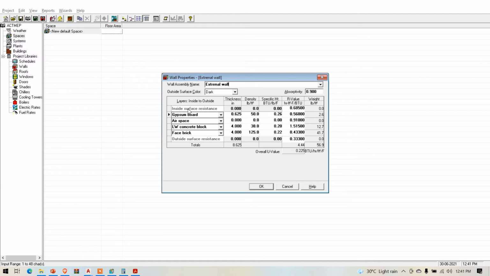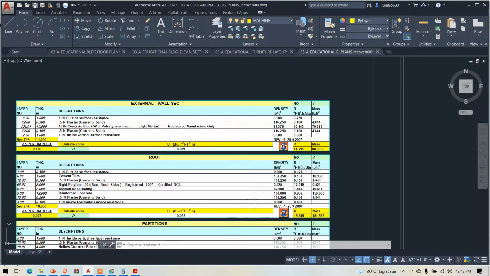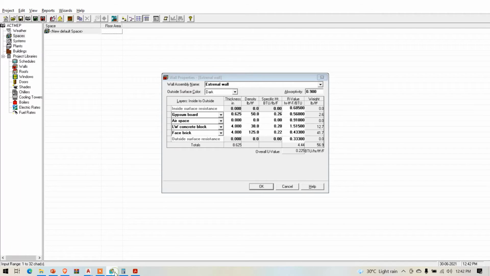They are giving us the inside surface resistance, outside surface resistance, and gypsum board, what type of material and what the thickness is. The thickness and everything we have to provide here. This is one option, or else we have one more option here. See here, they are giving us the outside surface resistance, inside surface resistance and material. The same text we can mention on this.